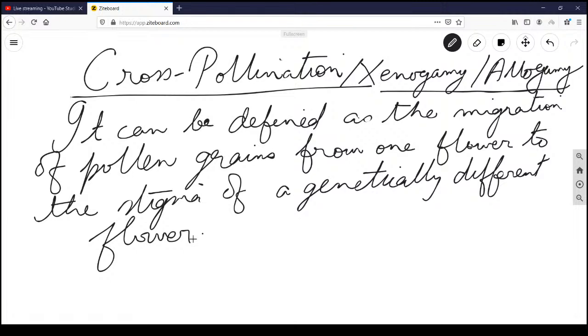That is the real sense of it becoming a cross-pollination event, right?